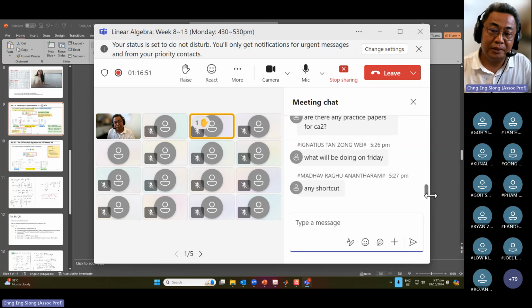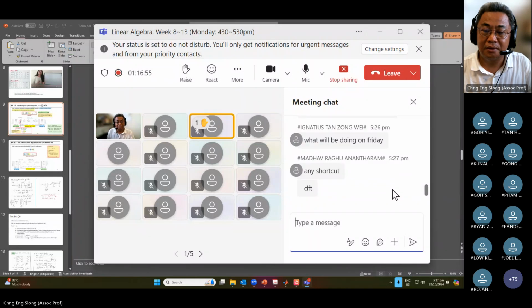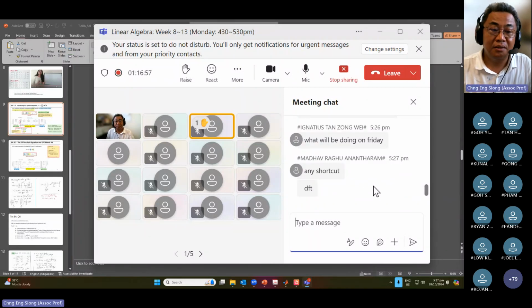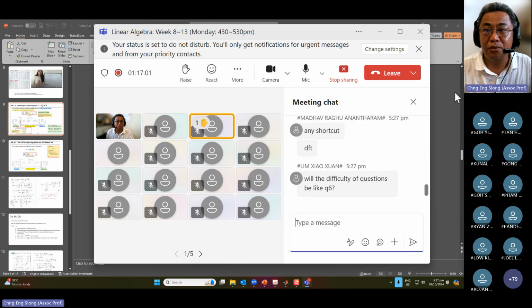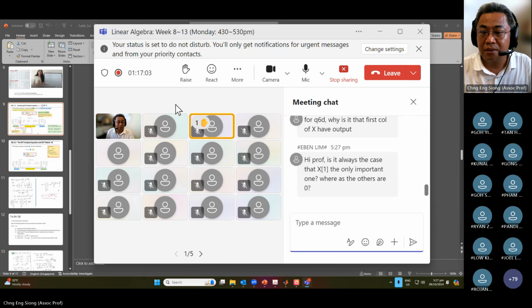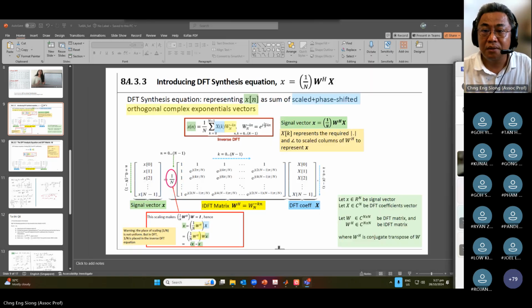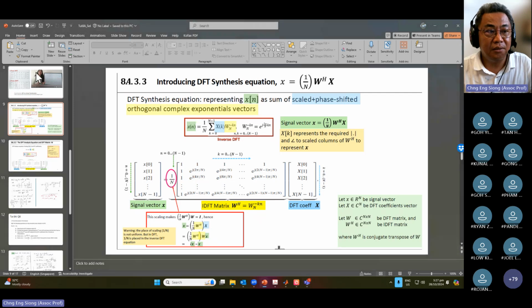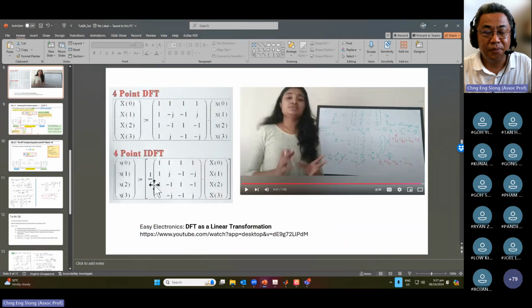Any shortcut to DFT? Yeah, the shortcut is this. If it is a 4x4 problem, you need to memorize these two equations.